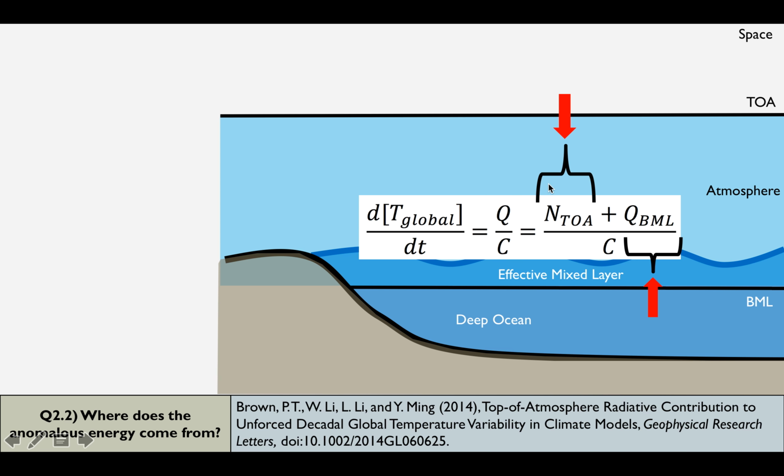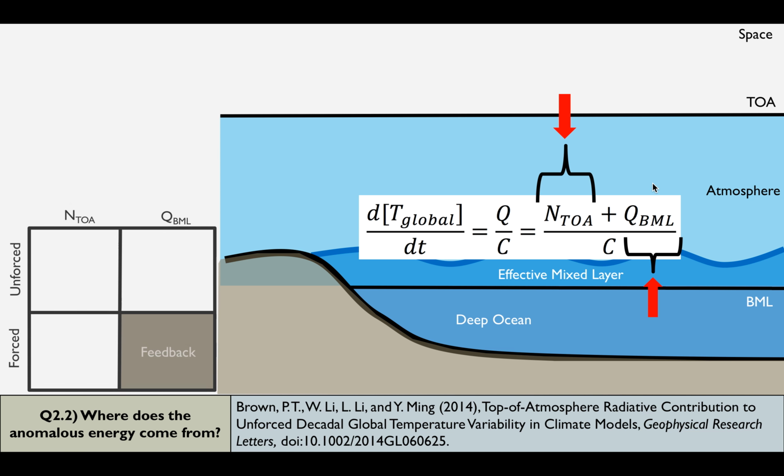When we think about it this way, the flux can be decomposed into a component at the top boundary of the system, in this case the top of the atmosphere, which I'll refer to as N, and a flux component at the bottom boundary of the system, which I'll refer to as QBML, where BML just means bottom of mixed layer.